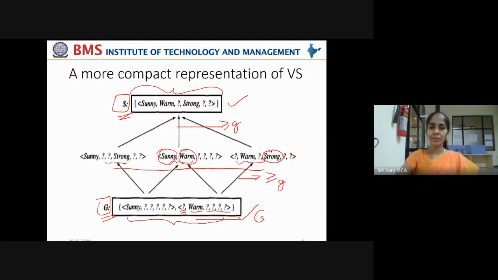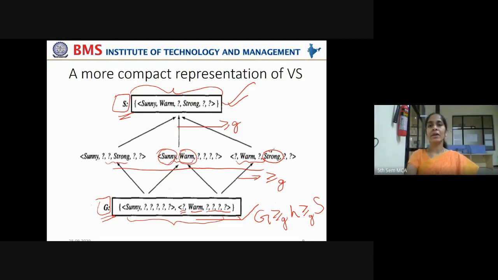This G is more general than this intermediate hypothesis. Three hypotheses are there, right? That is H, and that is more general than this final S. That is what is defined. Though there are 6 total hypotheses here. See, in the general hypothesis set you have 2 hypotheses. In H you have 3 hypotheses. In S you have 1 hypothesis.